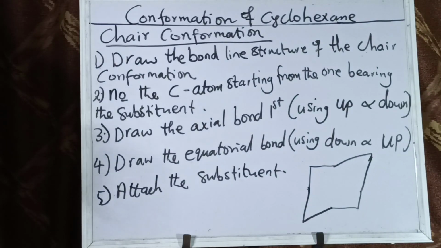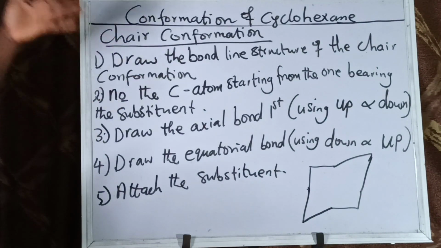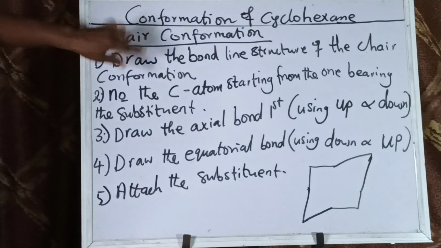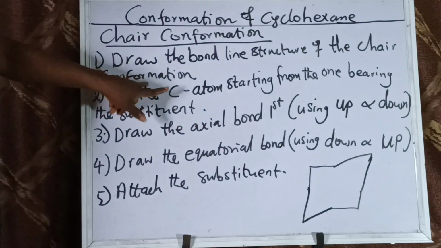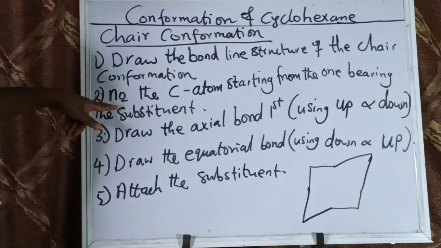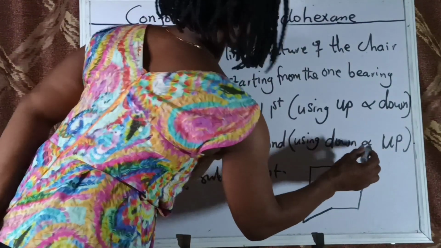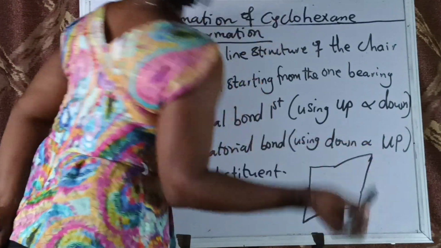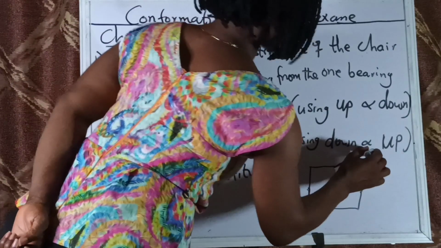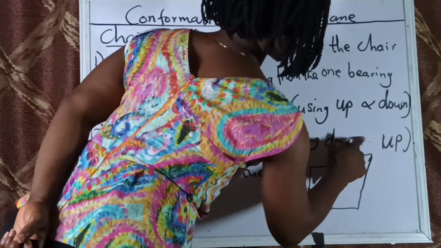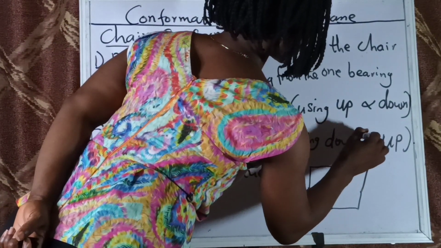Then the second step is to number the carbon atoms, starting from the one bearing the substituent. Now we are not doing this considering any particular cyclo compound. We just want to get the steps first. So in that case, I am omitting the second step because I don't have any particular compound right now. So what I have to do now is to draw my axial bond. I may start here, it doesn't matter where you start.